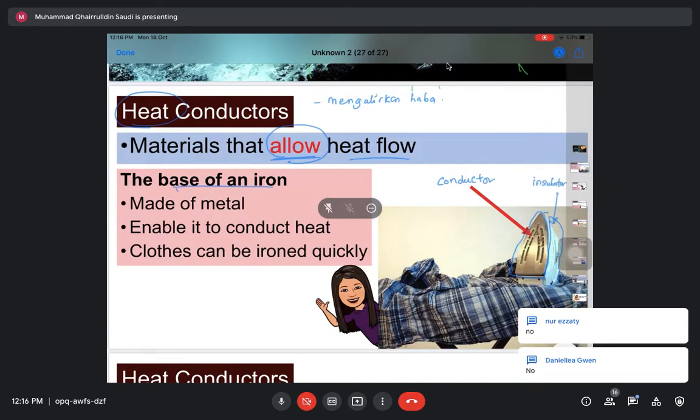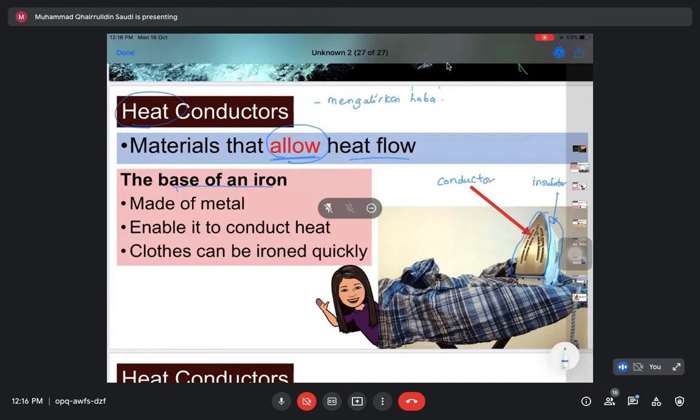So one object can have different materials. Some of it is conductor, some of it insulator. Usually in an iron, the base is the conductor because kita nak bahagian bawah dia sahaja yang panas, and the handle is made from materials that are insulators because we don't want heat to flow dekat bahagian kita pegang. Sebab bila heat flow kat bahagian kita pegang, nanti akan jadi panas juga kat situ. We cannot use the iron anymore.